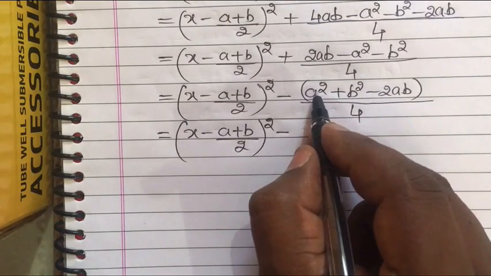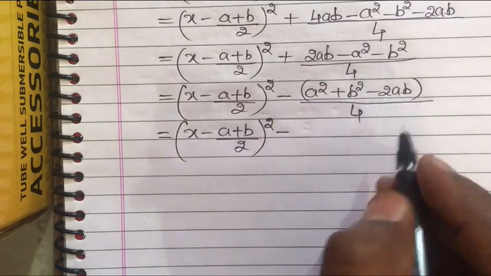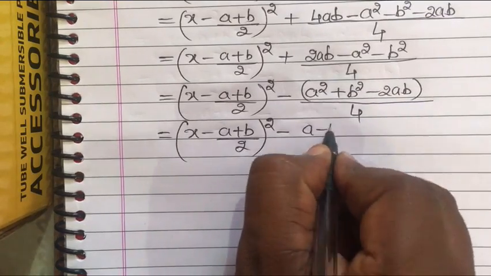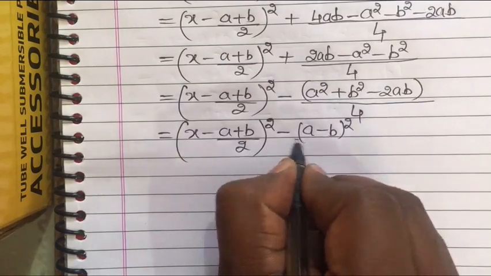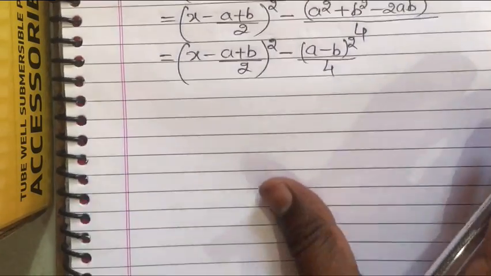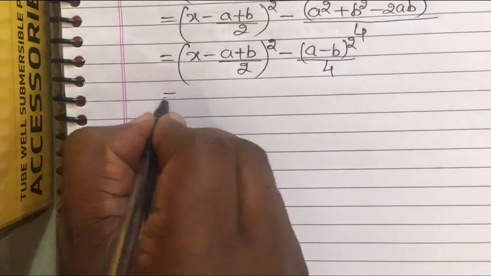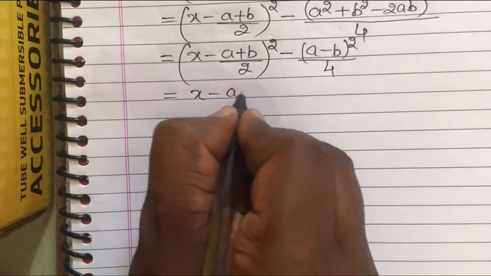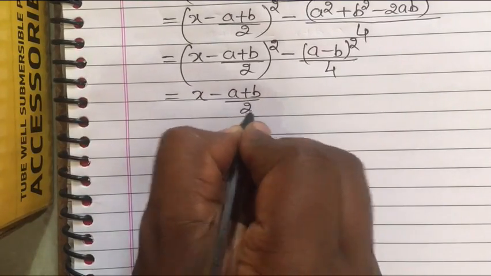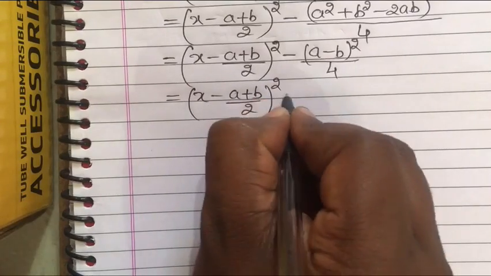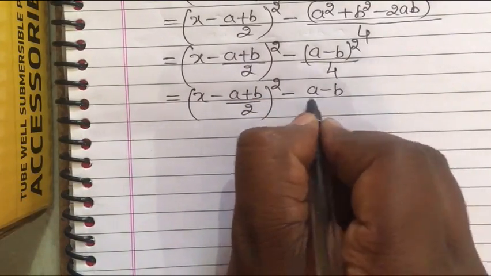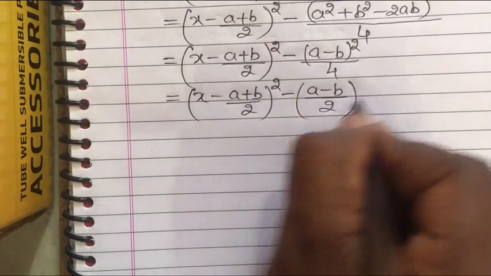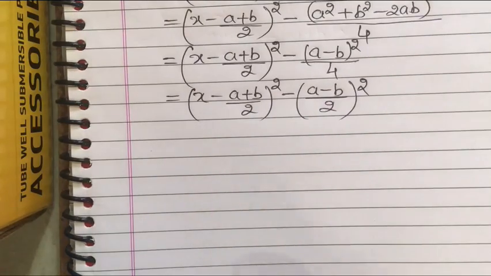Then what is this now? A square plus b square minus 2ab. This is nothing but (a minus b) the whole square divided by 4. So now overall this can be written as (x minus (a plus b) by 2) the whole square, and then minus (a minus b by 2) the whole square.